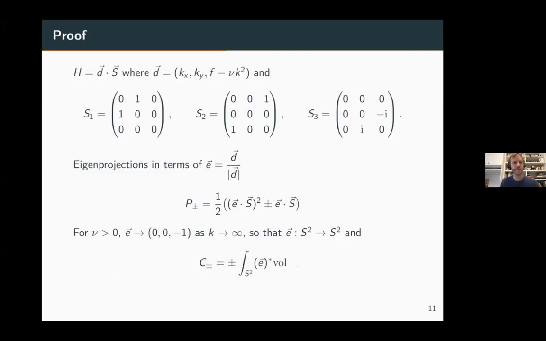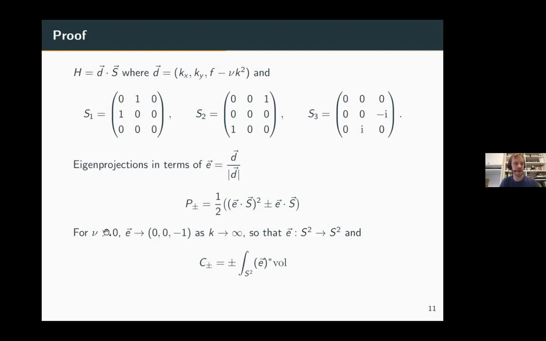So I'm not giving any proof here, but just to say that the computation is actually simple. You can write the Hamiltonian with these spin 1 matrices, and then the eigenprojection has a simple expression with these matrices and the map here, which is d over |d|, where d is the parametrization of this Hamiltonian family.